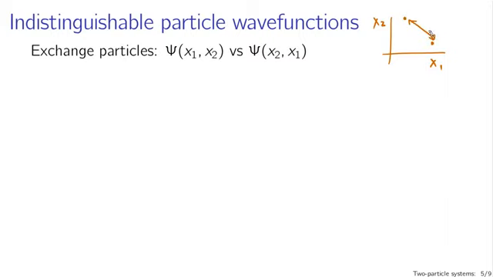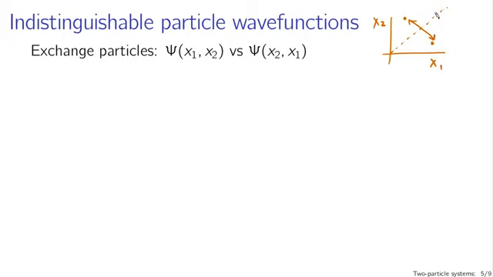My wave function must be equal here and here, essentially being equal across the axis, this line here where x1 equals x2. That degree of symmetry implies some constraints on allowable forms of the wave function.